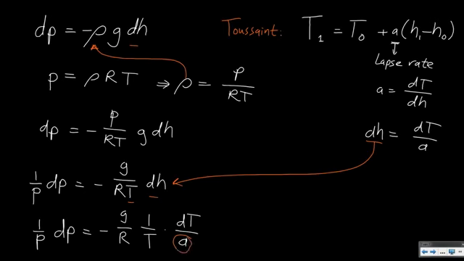This is now a constant, this is a constant, and this is a constant. The T will vary. We have a dT behind it. So this is true for a very small step in altitude. But we want to make a larger step, and therefore we have to make this into an integral.